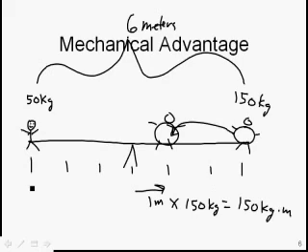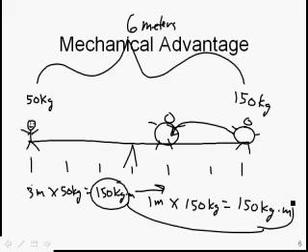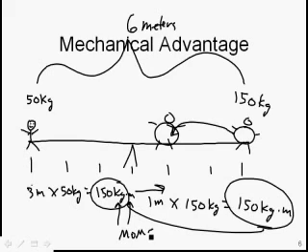Over here we have 3 meters times 50 kilograms equals 150 kilogram meters. So they're going to balance out. Wow, a weight times a distance. Sounds kind of like a moment in aircraft weight and balance calculations.